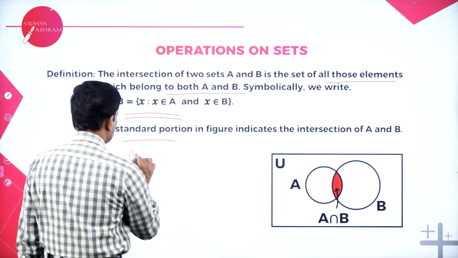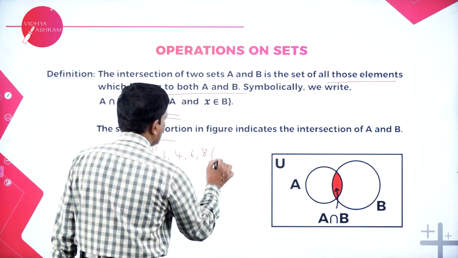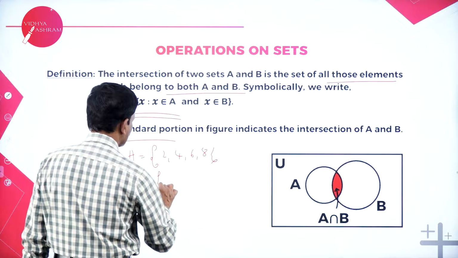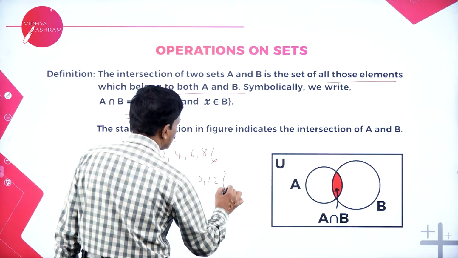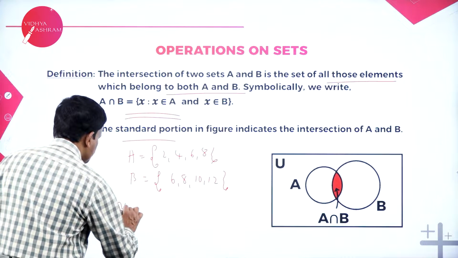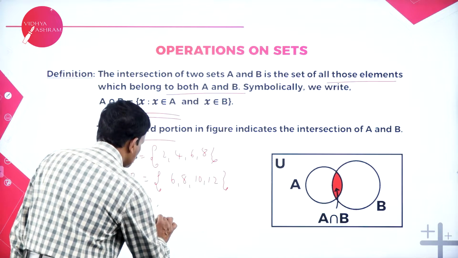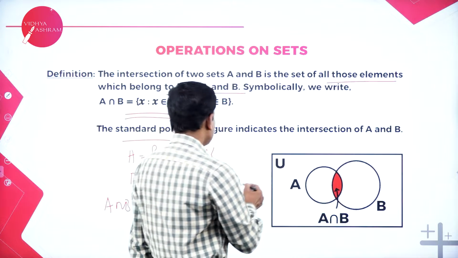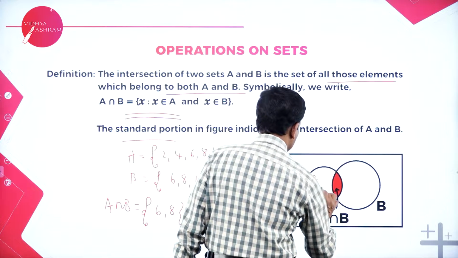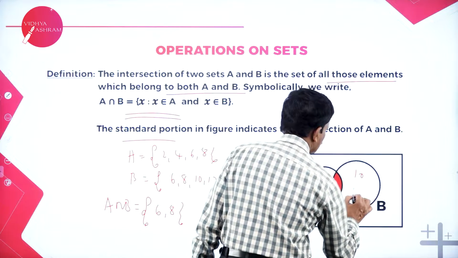Now let us consider, for example, set A contains 2, 4, 6, 8 and set B contains 6, 8, 10 and 12. The intersection of these two sets is denoted as A intersection B is equal to only the two elements 6 and 8. So here A contains 2, 4 and B contains 10, 12.